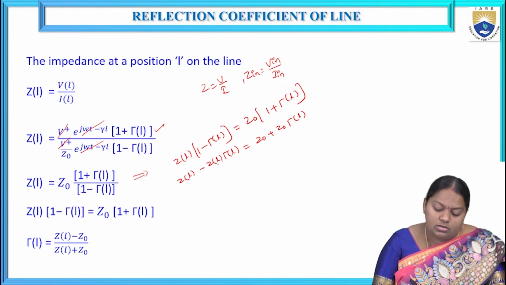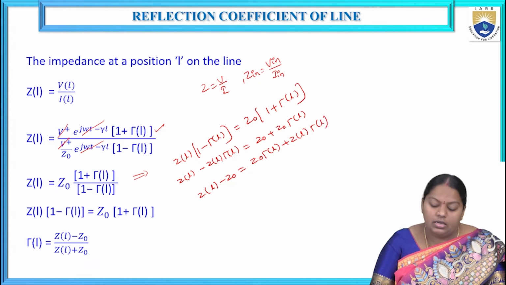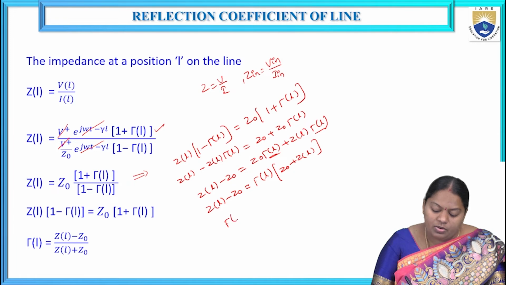If you take Z of L into gamma of L to this side, Z of L minus Z naught equals Z naught gamma of L plus Z of L into gamma of L. Taking gamma of L as common, it becomes Z naught plus Z of L. Then gamma of L equals (Z of L minus Z naught) by (Z of L plus Z naught).